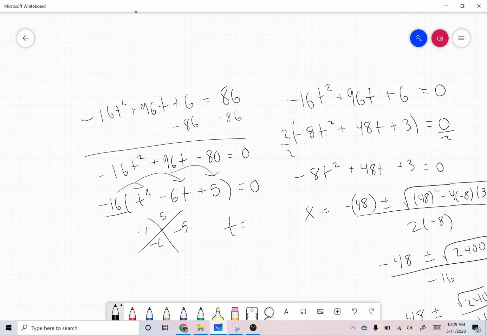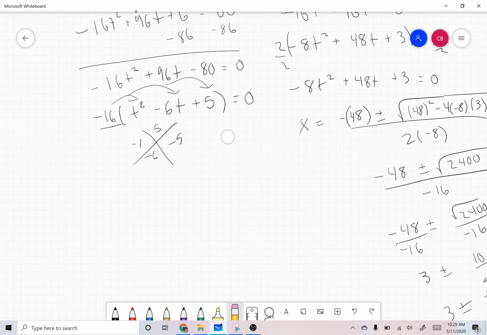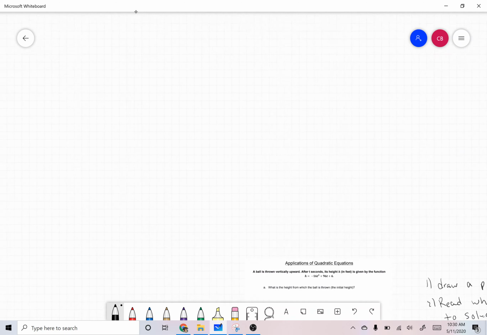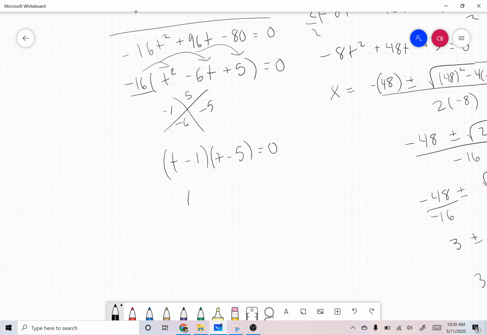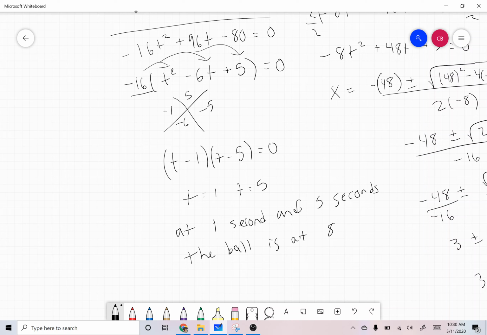This means t minus 1, t minus 5 is equal to 0. That tells us t is equal to 1 and t is equal to 5, at 1 second and 5 seconds the ball is at 86 feet.